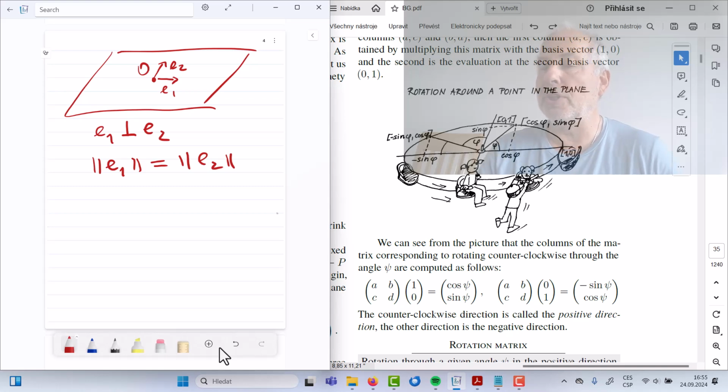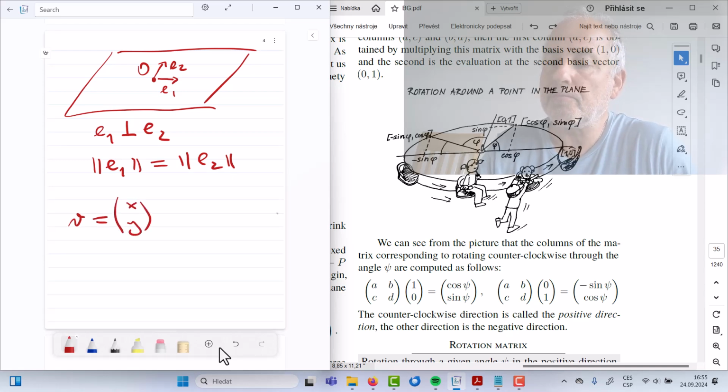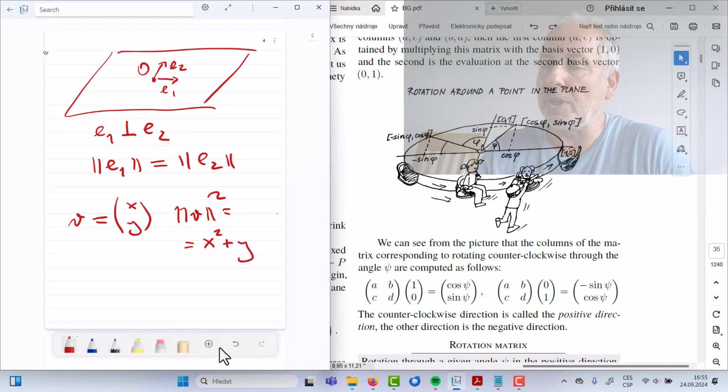And then we know that for each vector, say v, which has got the coordinates x and y in our coordinate system, the square of the size of v is simply x squared plus y squared.